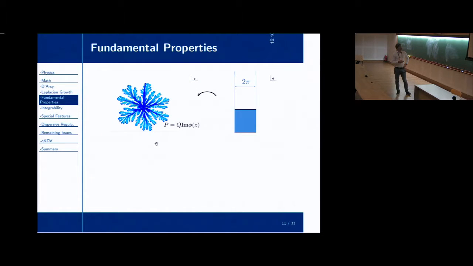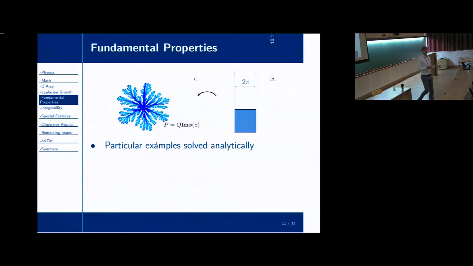Okay, so in this way, you can also solve particular problems analytically. You can start with a certain shape, say a circle or an ellipse, etc. Find the conformal map to this half strip, and then advance the boundary of the domain, and then for successive times find again the conformal map for each moment in time, and in that way solve the problem.